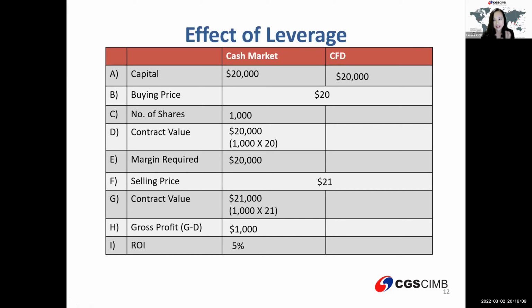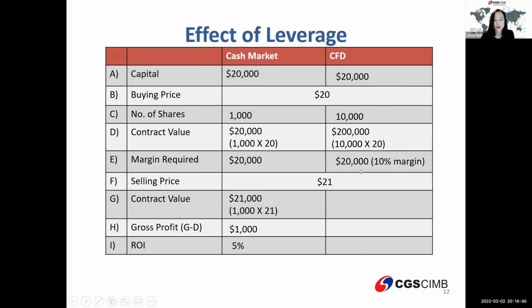In the second scenario, I also only have 20,000, but I'm using CFD, because I want to have some leverage to enhance my return. So the same thing, I have 20,000 capital, but in this case, let's say this share is margined at 10%, meaning I've got 10 times leverage. So now my 20,000, I can buy up to 10,000 shares in CFD with a contract value of 200,000.